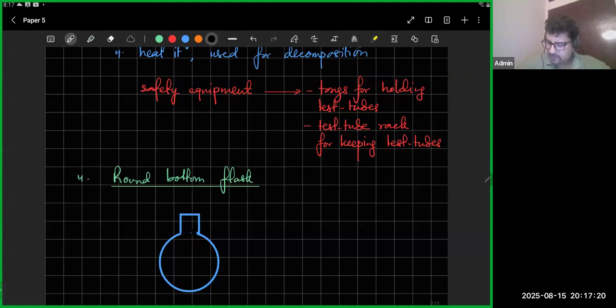So this one is normally used for heating solutions.